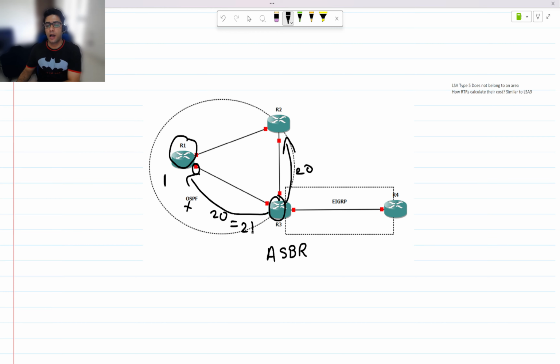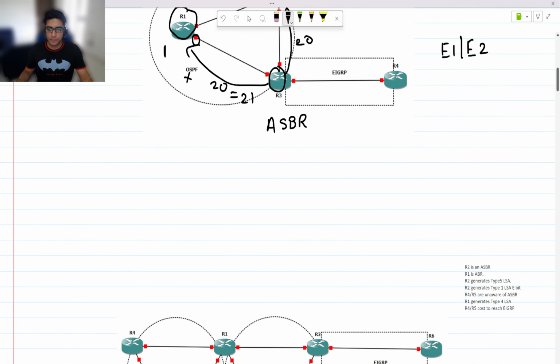This is how a router in another area calculates its cost to reach the external network. Again, we will talk about E1 and E2 routes in some time, when we will understand that this calculation is a bit different, but this is just for understanding's sake, of how R1 will calculate its cost to reach the EIGRP network.